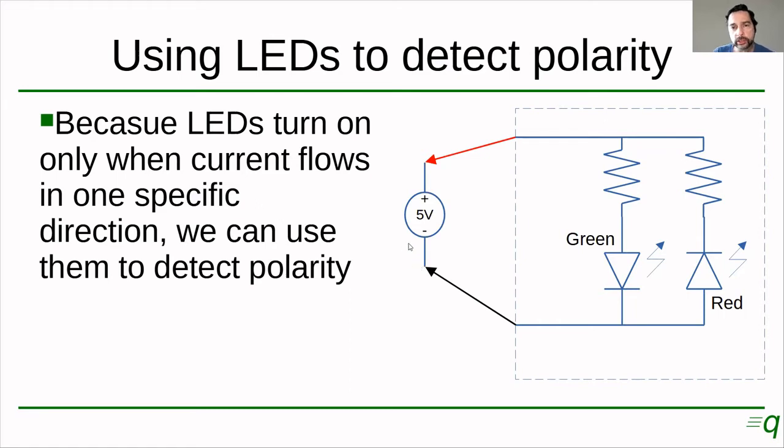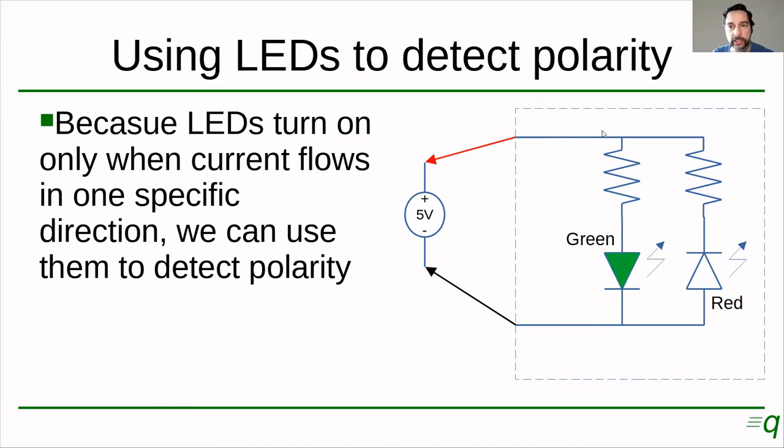So how does this work? Well, if we connect a 5-volt voltage source to this circuit with this polarity, what's going to happen? Current's going to flow from the positive side of the power supply through the red wire, and then through the green LED, and then back to the power supply here. So the green LED is going to turn on.